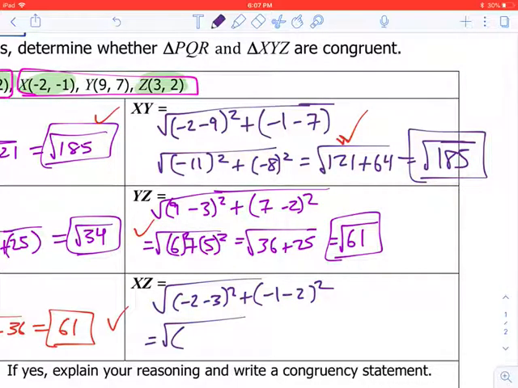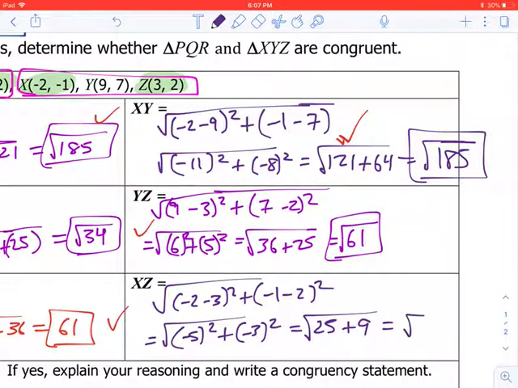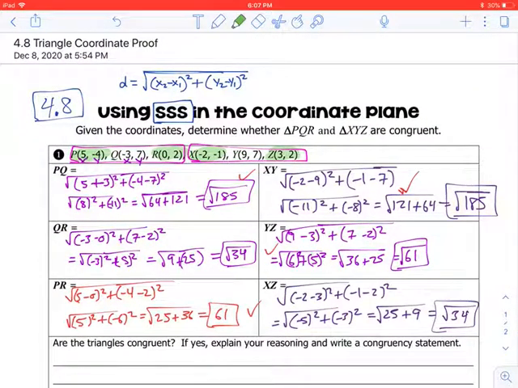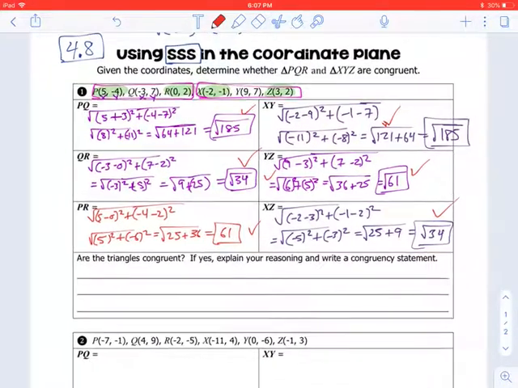So I get negative 5 squared plus negative 3 squared. And that gives me 25 plus 9. Well, 25 plus 9 is 34. And so looky there. We've got 34 and 34. So all of them match up.